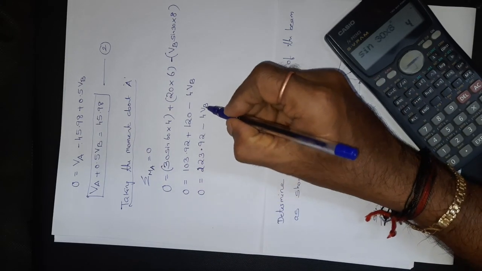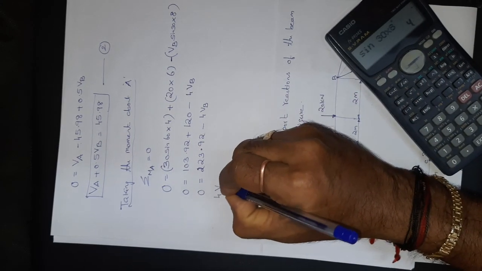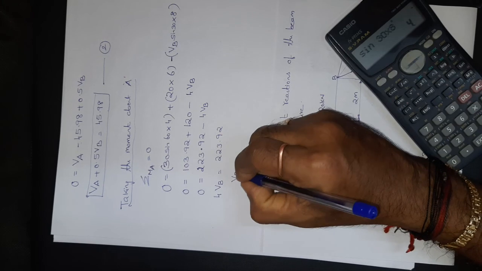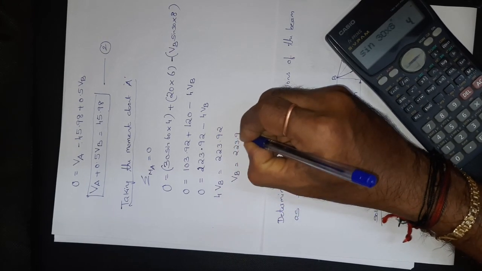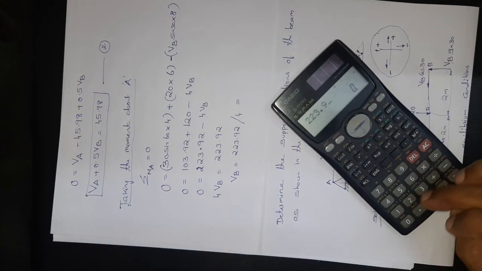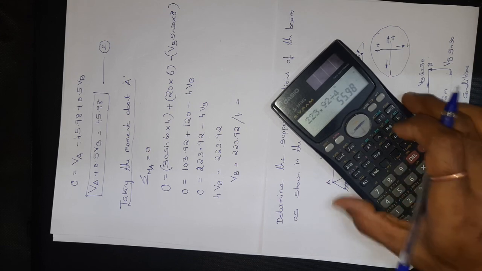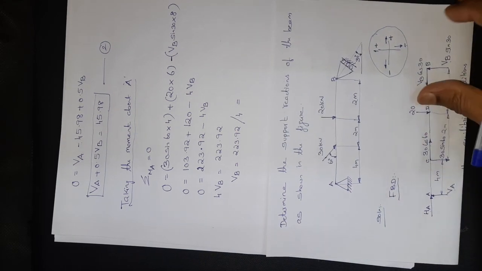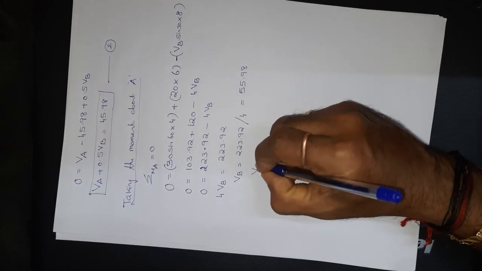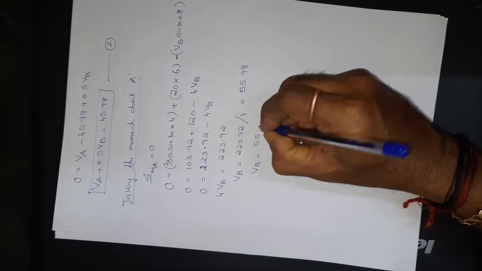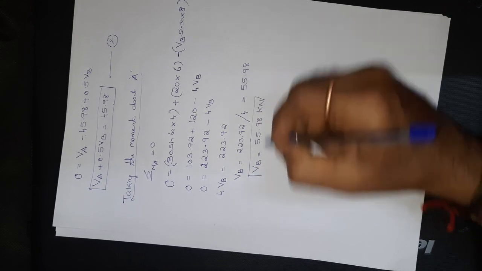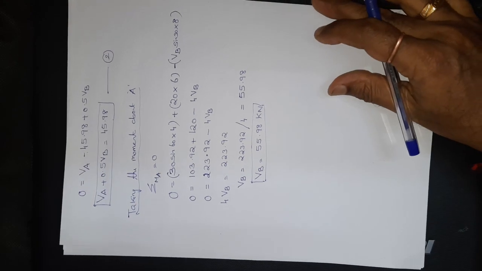Let me just take this minus 4 VB to the left hand side, then it becomes positive. So 4 VB is equal to 223.92. So VB equal to 223.92 divided by 4, which works out to 55.98. So VB equal to 55.98 in kilonewton, because the force which has been given in the drawing is in kilonewton, isn't it?